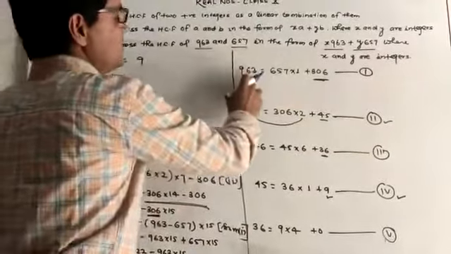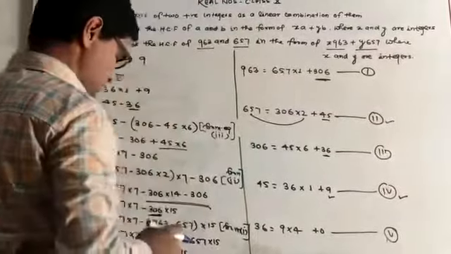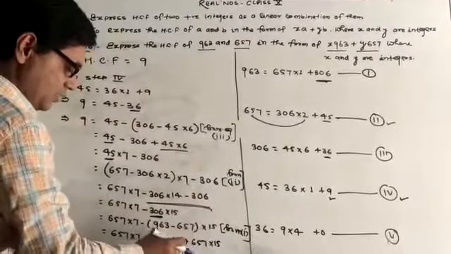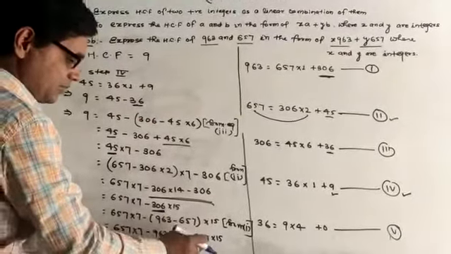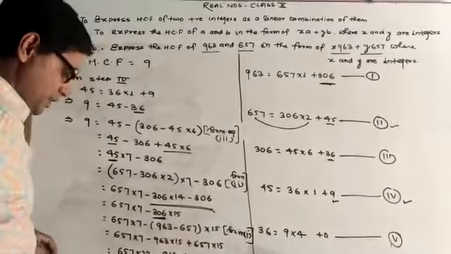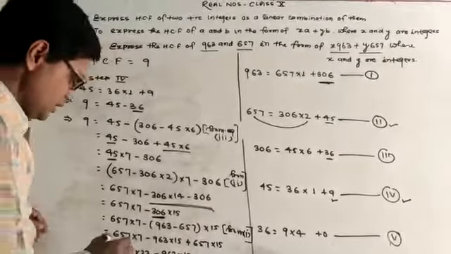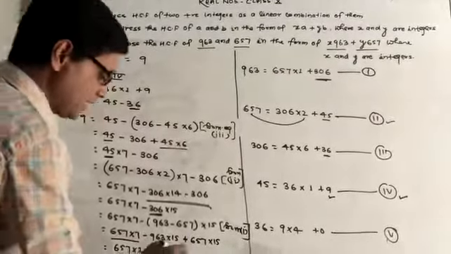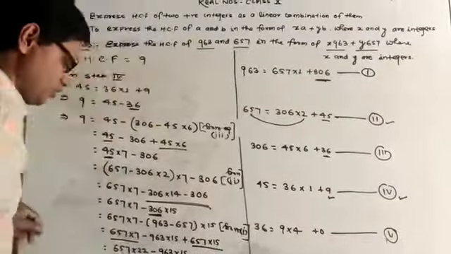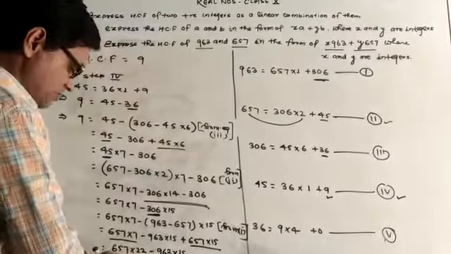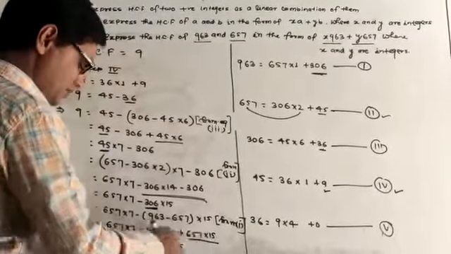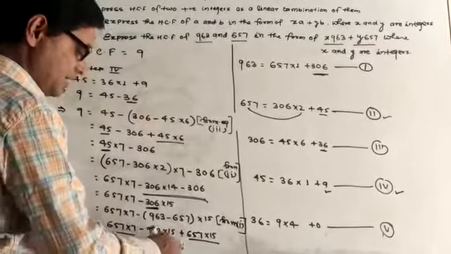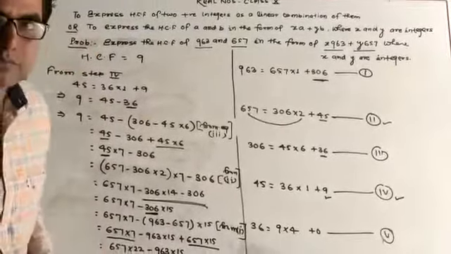That means 963 minus 657. This will be equal to minus 963 into 15 plus 657 into 15. This 657 into 7 and this 657 into 15 results in 657 multiply 22 minus 963 into 15.